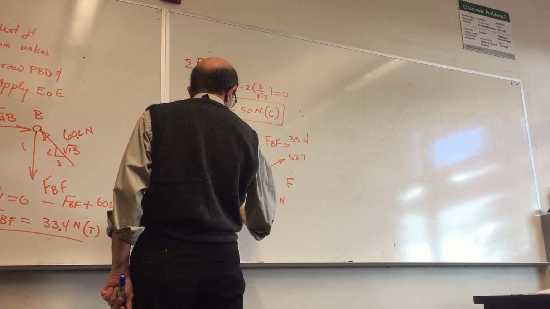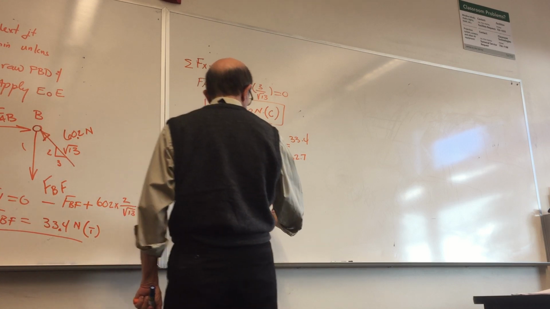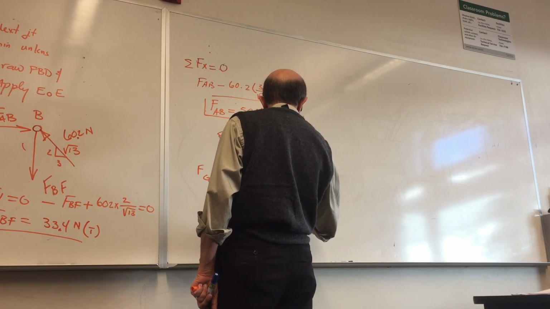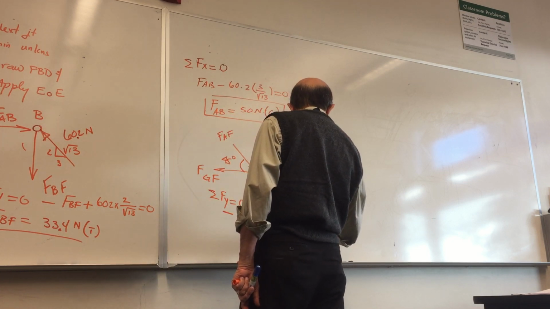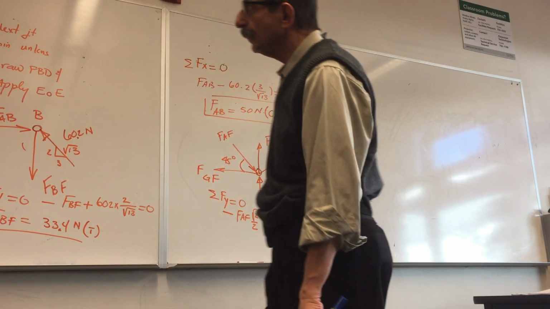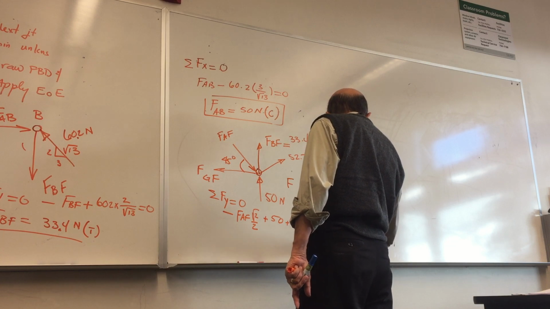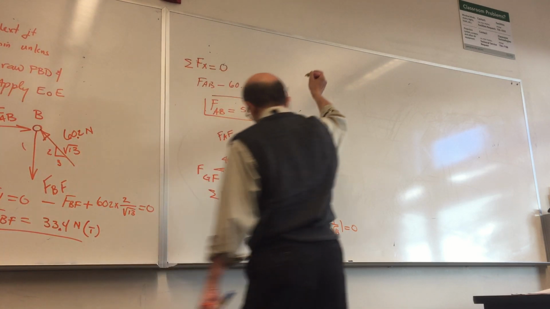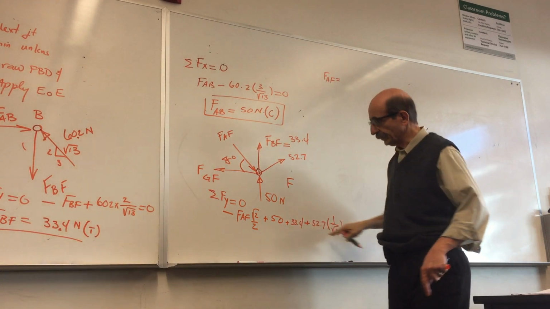You have negative F AF square root 2 over 2 plus 50 plus 33.4 plus 52.7, and that slope of that guy was 1 over square root 13 is equal to 0, right? So F of AF comes out to be positive.